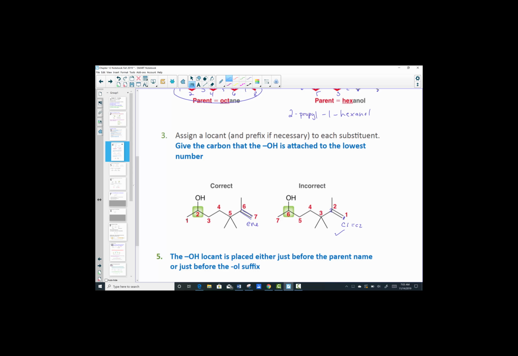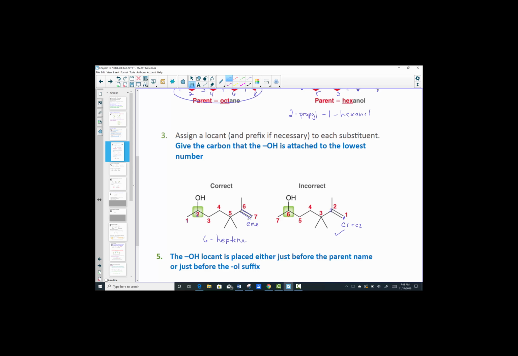So the parent name must start at the lowest possible number for the hydroxyl group and then include the double bond. Don't make it a substituent, but it has to be included in the parent chain. And so here we can see that we end up with a heptene, and that's between carbon 6 and 7. It's kind of just sharing with you what this ends up being.